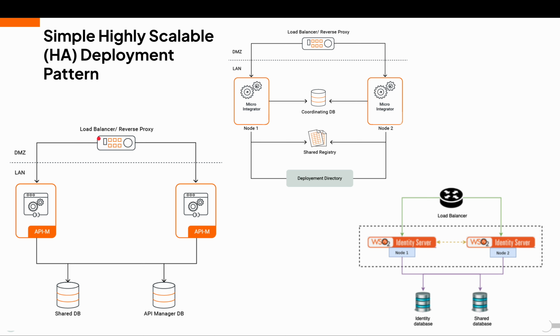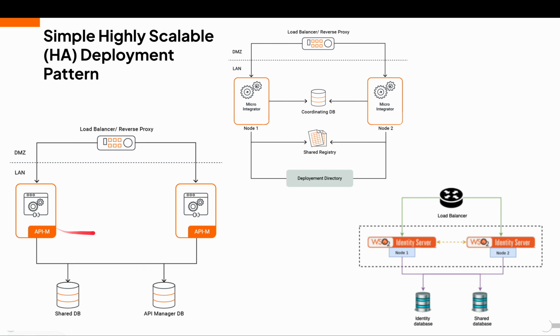And looking at the popularity of Azure and the demand in Azure, I will explain what are the key components you need to cater in order to deploy WSO2 products.